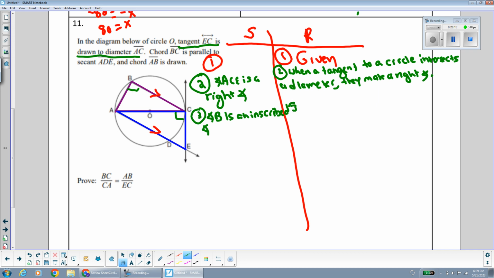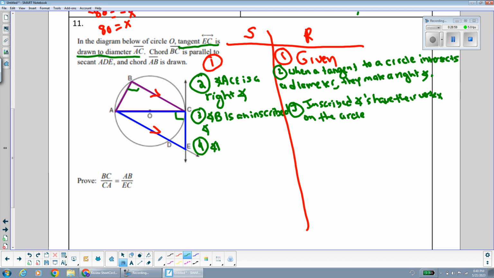And I know that because inscribed angles have their vertex on the circle. And notice how it's an inscribed angle that intercepts a semicircle, a half a circle. So since this is 180 degrees, that needs to be 90 because inscribed angles are half the measure of their intercepted arcs.